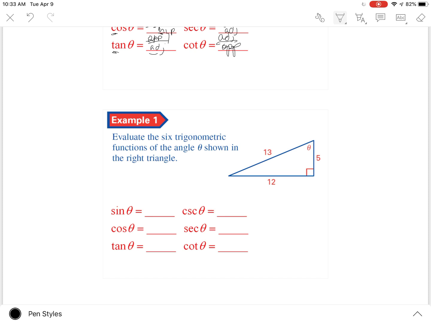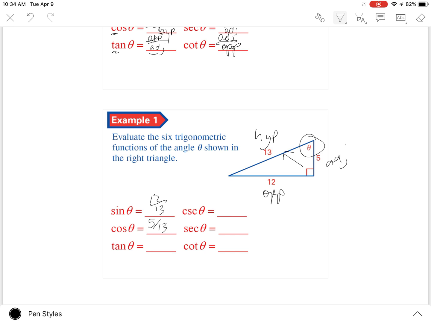All right, so to come up with the 6 trig functions is just talking about trying to find the 6 ratios or fractions that go along with that. I changed theta, it's up here, so now this is my opposite side. 5 would be my adjacent side, and hypotenuse is going to be the one that's always opposite of that 90-degree angle. So for my sine, it's going to be opposite over hypotenuse. Cosine is adjacent over hypotenuse.